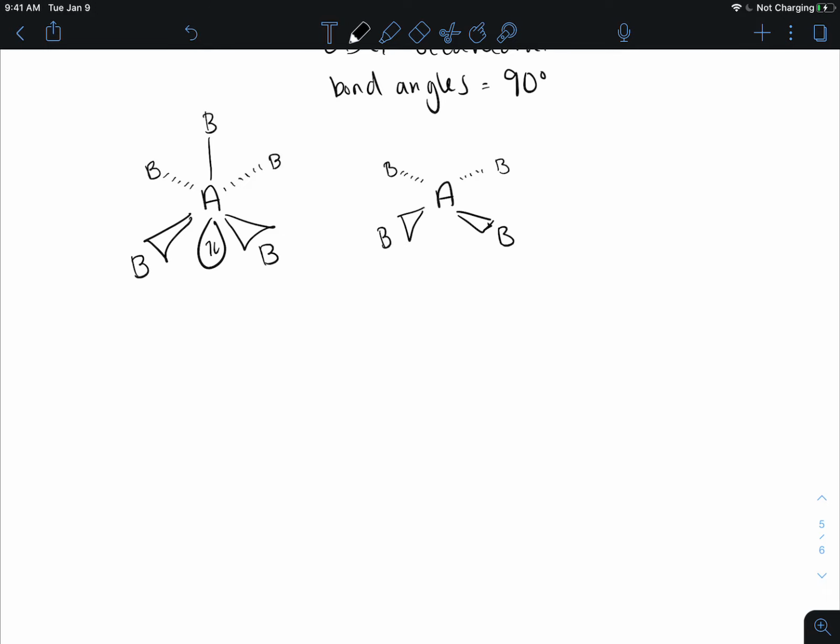At this point, because our non-bonding electrons repel more than our bonding electrons, we want to put our second pair of electrons as far away from our first pair, so it will go 180 degrees right there. Then our next one, it doesn't matter. We can put it wherever. I'll put it right here.